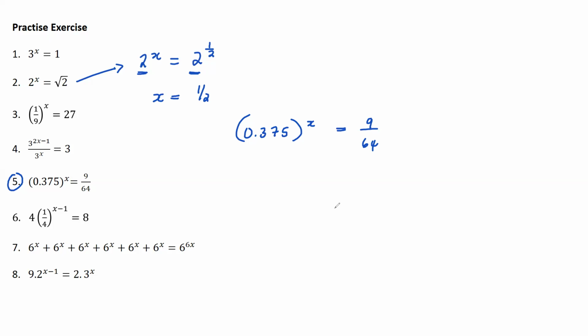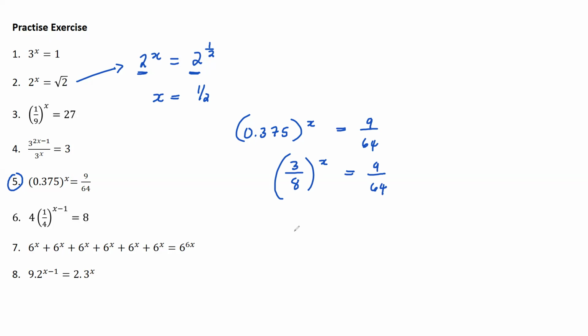If you were to just type 0.375 in your calculator and press equals, you should get a number like 3/8, just so that it looks like something that you know. 3/8 to the power of x is equal to 9/64. This is a very interesting one as well. Work with me, fam. Work with me.